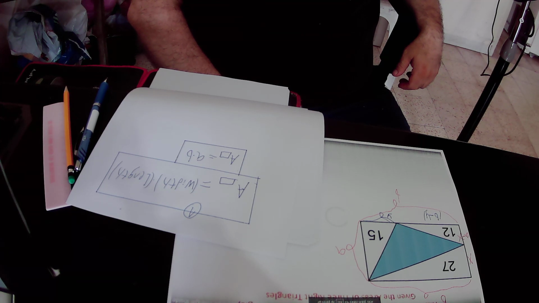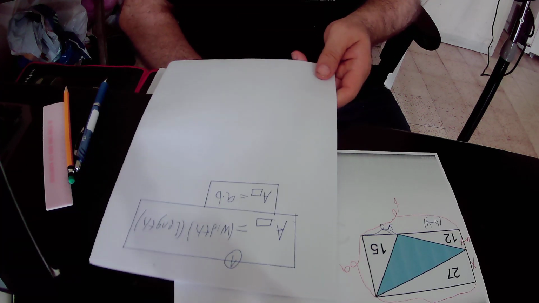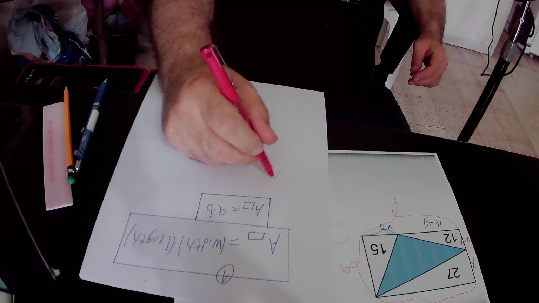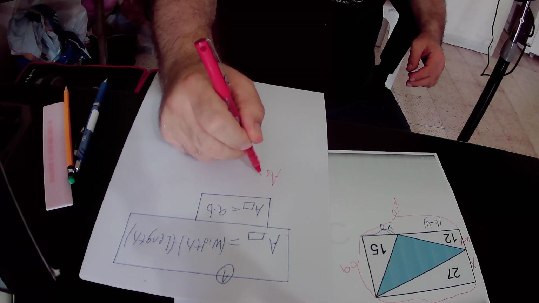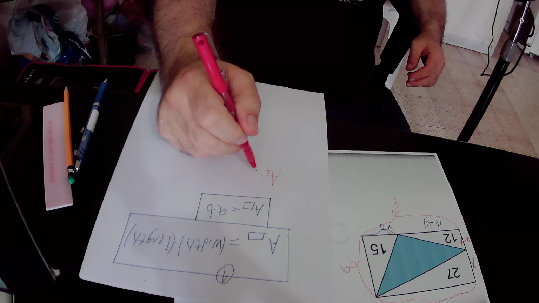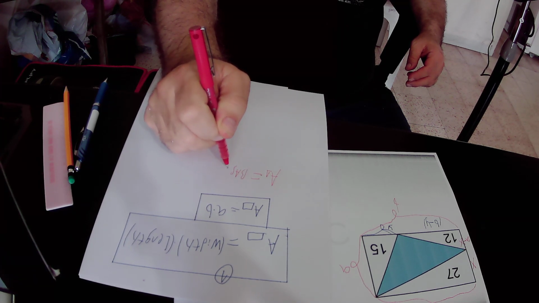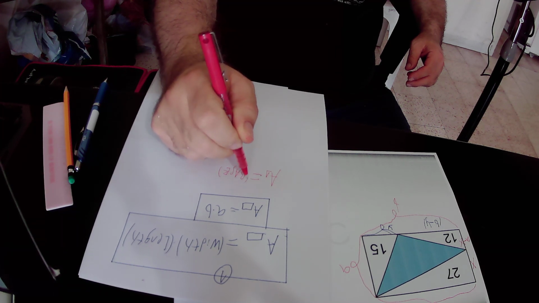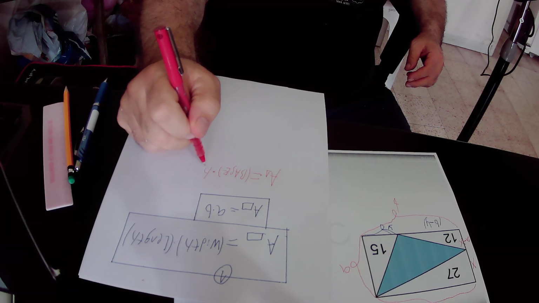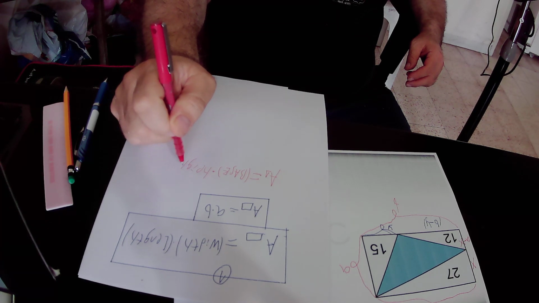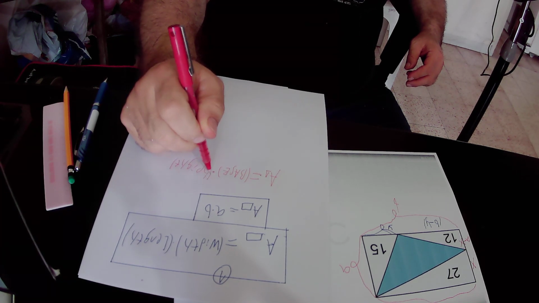So, as you already know, the area of a triangle equals the base of the triangle times the height to the base, all divided by 2.